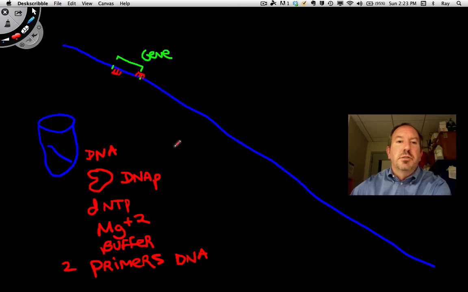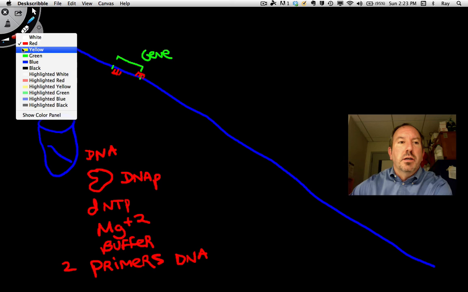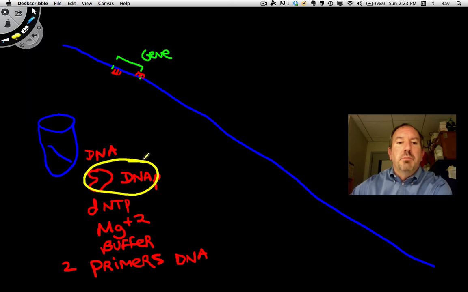What's interesting is DNA polymerase, let me emphasize it with color, let's go yellow. You would think DNA polymerase is capable of replicating all of this DNA. It is, but it can only attach to an already existing piece. If we add primers to the forward and the reverse direction of this one target area, then replication will only occur in this area.